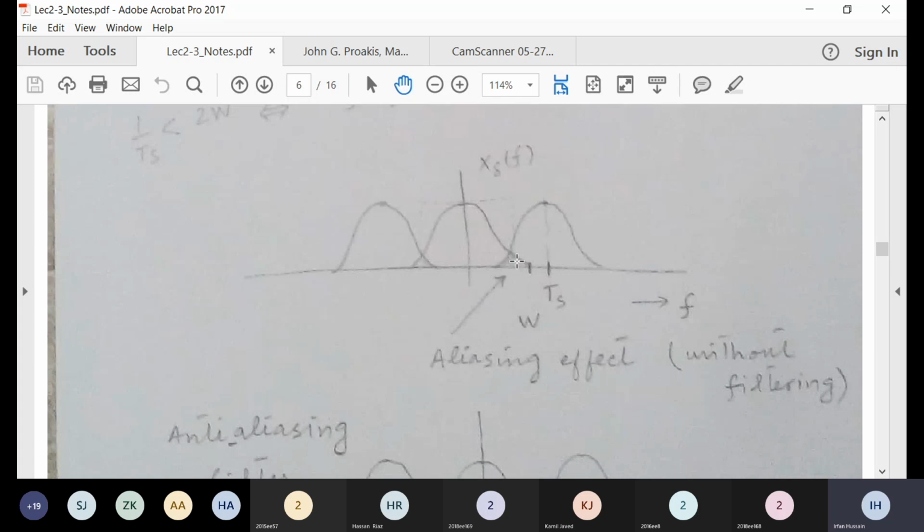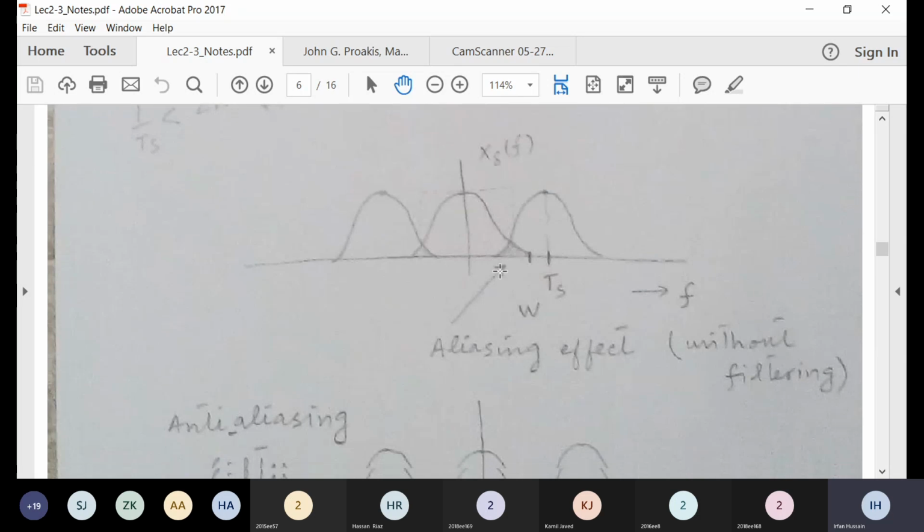So we have seen aliasing. Aliasing will occur if your Ts does not satisfy the Nyquist criteria. Or in other words, Fs is less than 2W, or Ts is greater than 1 over 2W. Whatever the case, you will have aliasing, with interference of the original spectra with the replicated spectra.